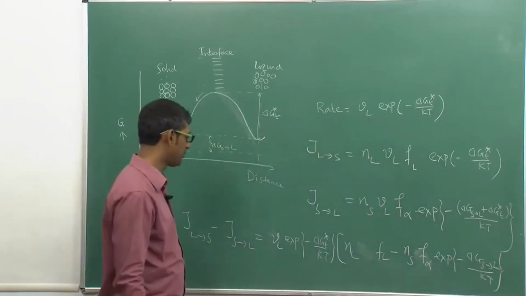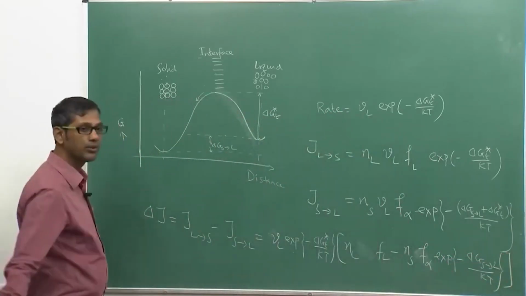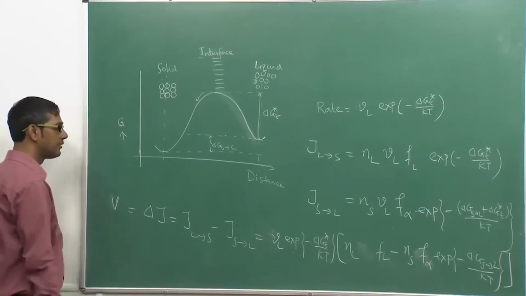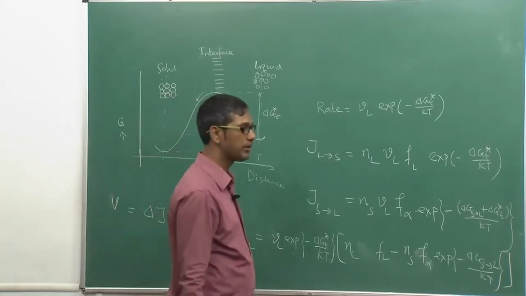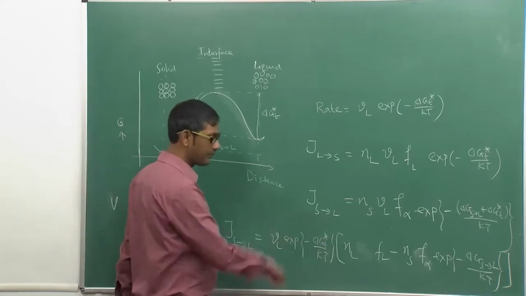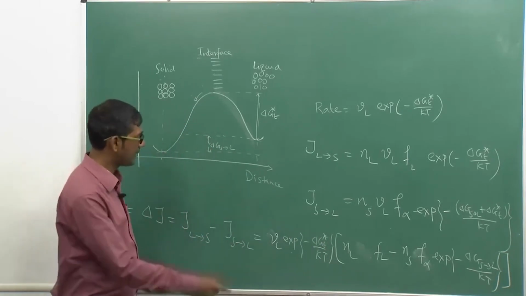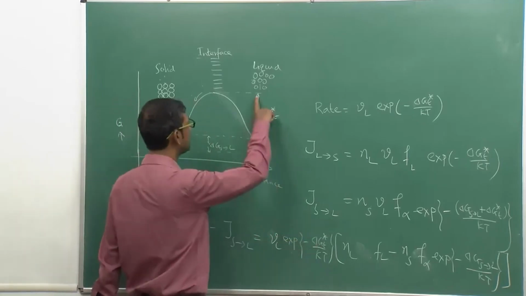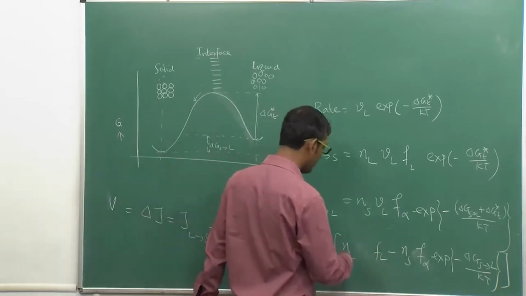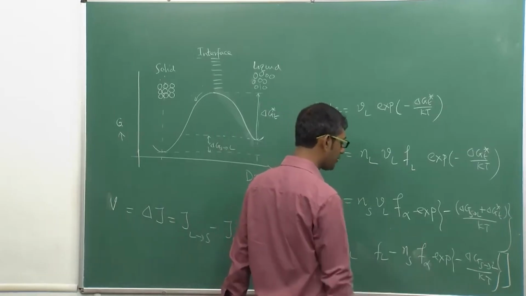That's basically my net flux, and that's nothing but the growth rate. Okay, so that's nothing but V. For any kind of interface you can talk about it. So you can clearly see it basically has an exponential term that depends on the frequency of the vibrations, that depends on the barrier height for the jump, and then it depends on something else: the number of sites available, how many of the jumps are successful from liquid to solid, similarly for solid to liquid.